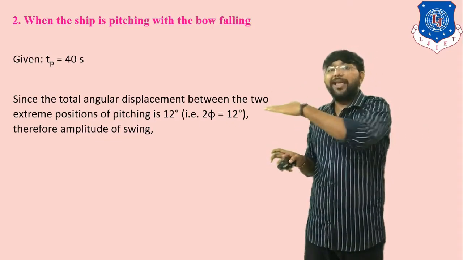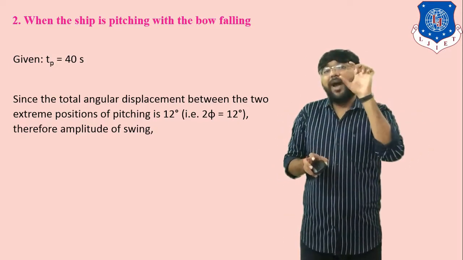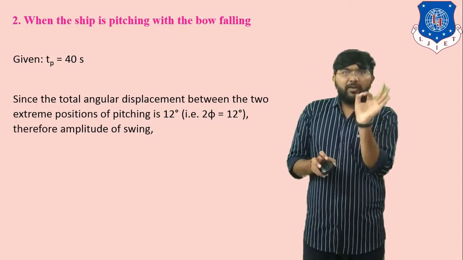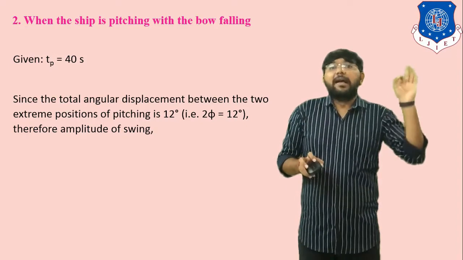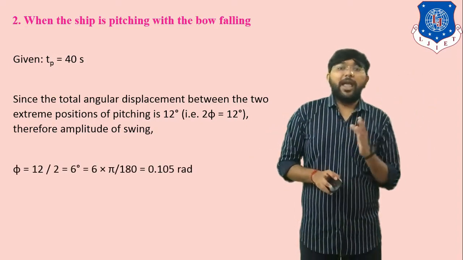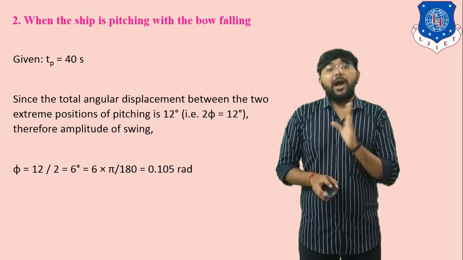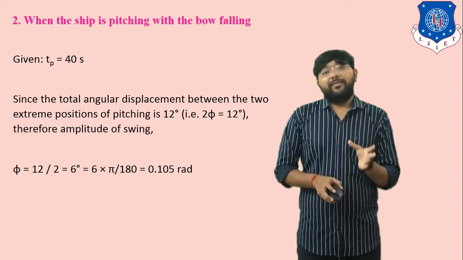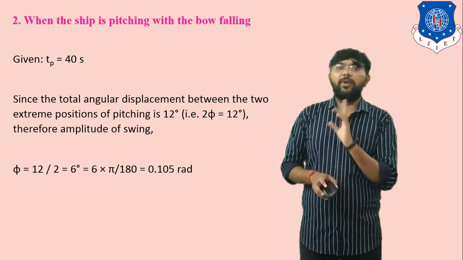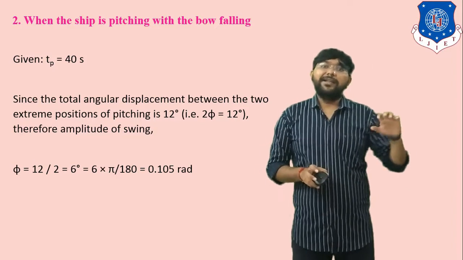So for the normal angle, that is 6 degrees, because we have to find the amplitude based on the origin. Therefore the amplitude of swing, phi, is equal to 12 by 2, which is 6 degrees.